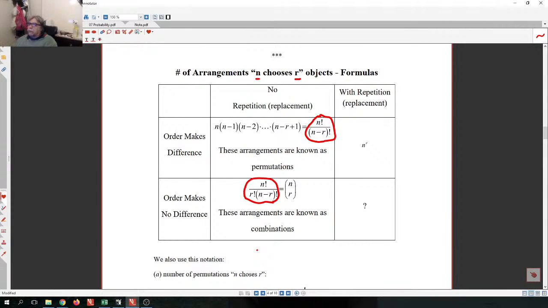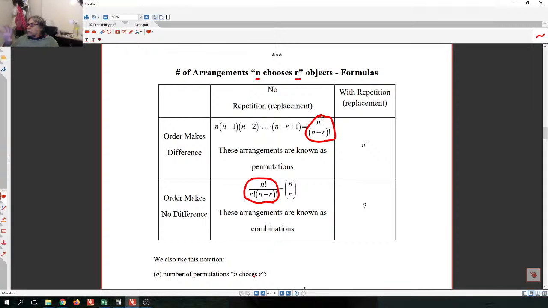For example, how many ways you can arrange the Olympic podium with three people, when you have in the final 8 people competing in a 100-meter dash.